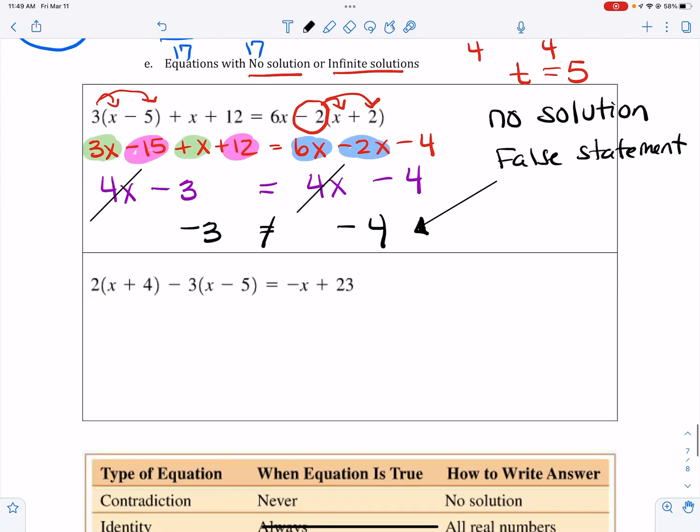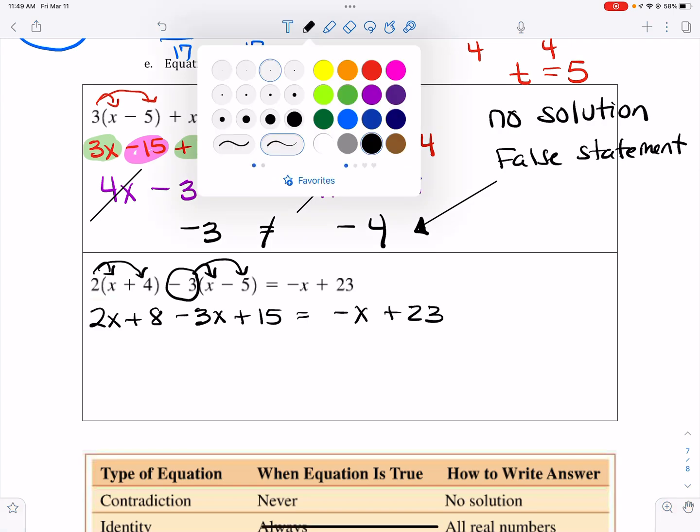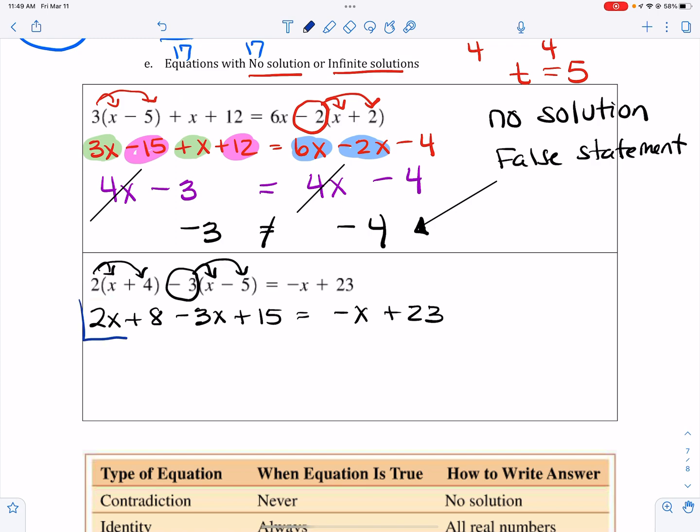On the other hand, if we distribute and we get something that looks like this, 2x plus 8 minus 3x plus 15 is equal to -x plus 23, we will see that 2x's minus 3x's is -x, and 8 and 15 is 23.